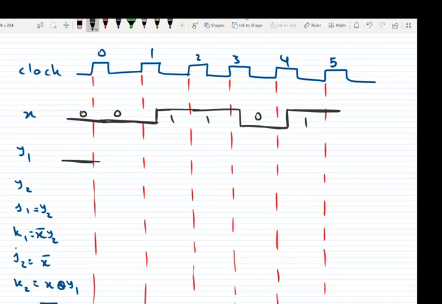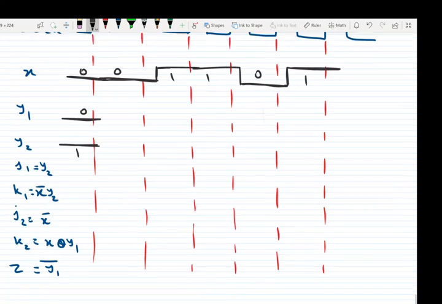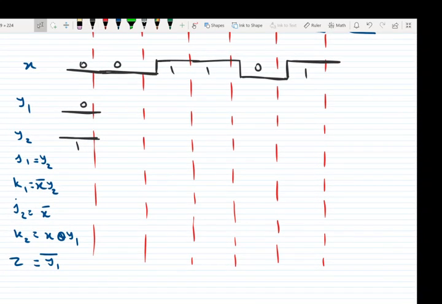Y1 starts from 0, Y2 starts from 1, and based on these values we determine J1, K1, J2, K2, and Z. We will have J1 equal to 1, K1 is equal to 1, J2 is equal to 1, K2 is equal to 0, and Z is equal to Y1 bar. Y1 bar is 1.